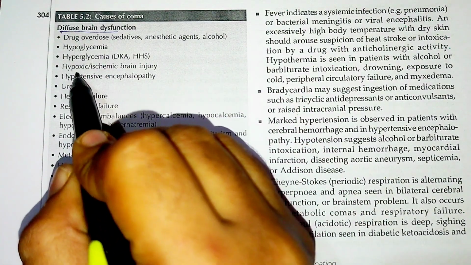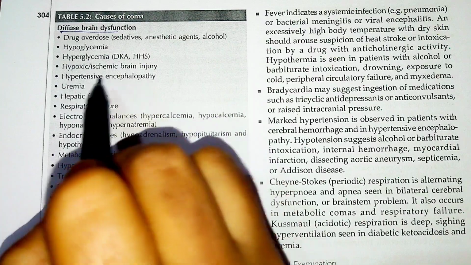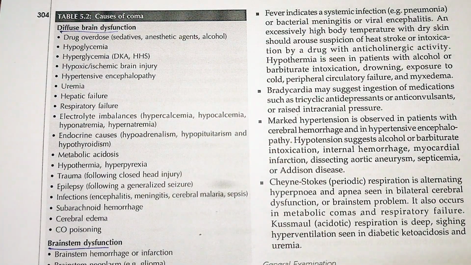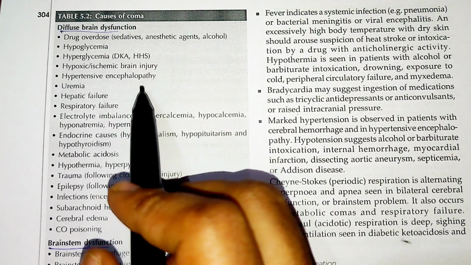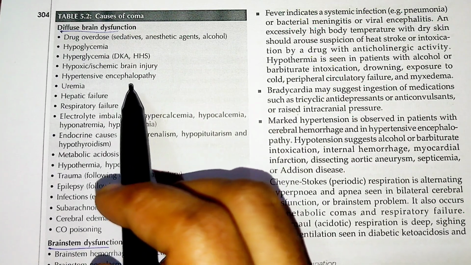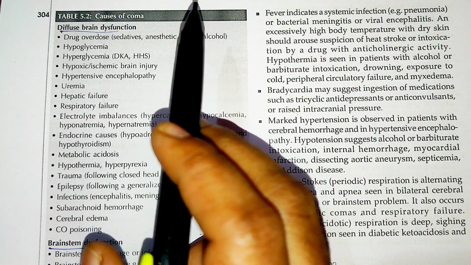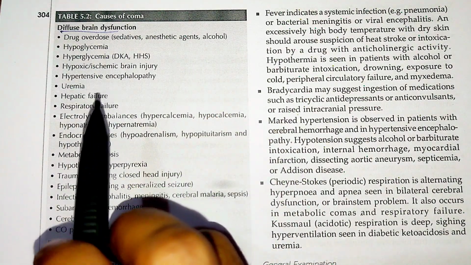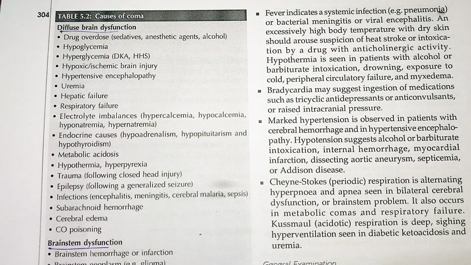And hypoxic or ischemic brain injury, hypertensive encephalopathy, uremia. Hypertensive encephalopathy is a rare but life-threatening emergency condition that occurs when the blood pressure is extremely high. When the blood pressure is extremely high, it causes brain dysfunction, and that is hypertensive encephalopathy.